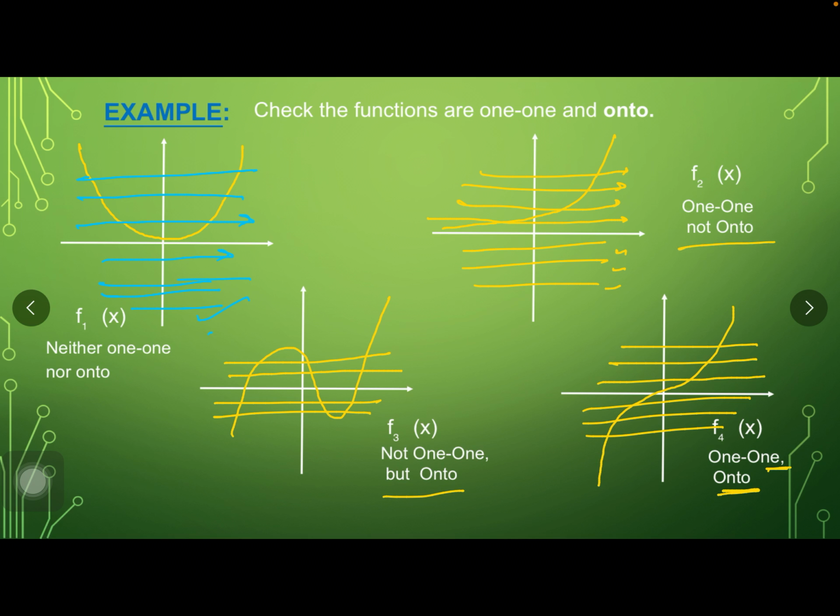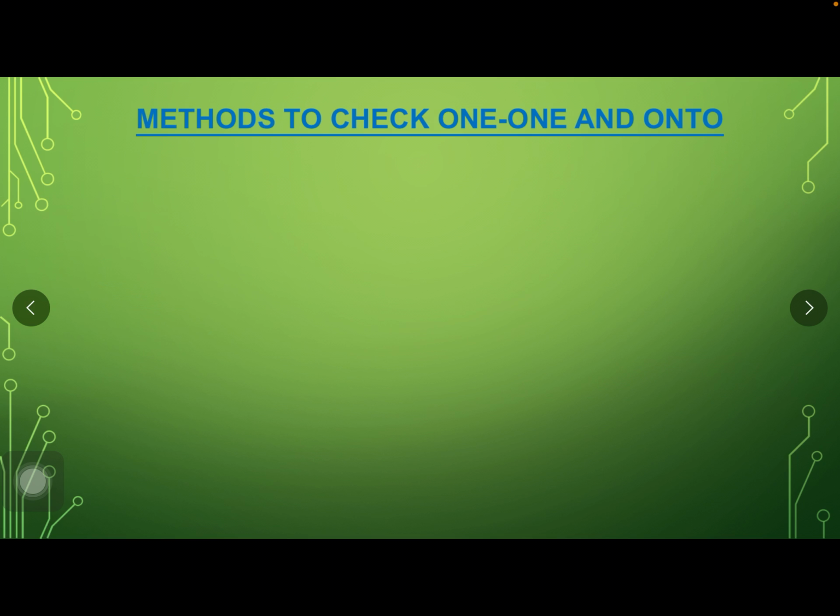So that fulfills the condition of both onto and one-one. So this type of graph is one-one and onto, this graph is not one-one but onto, and this type of graph is one-one but not onto. And if we have this type of graph, it is neither one-one nor onto. Clear?